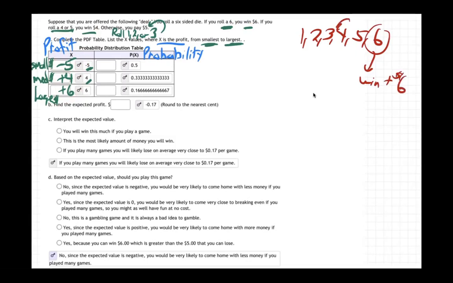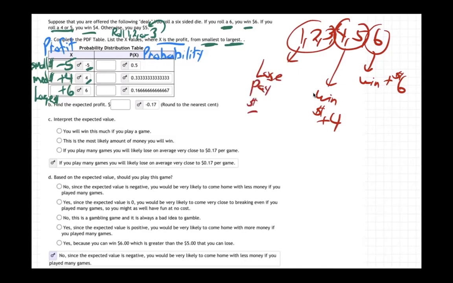If you roll a four or five, you're going to win plus $4. So what's left? One, two, and three. You're going to lose or pay what? $5. So -5. All right.